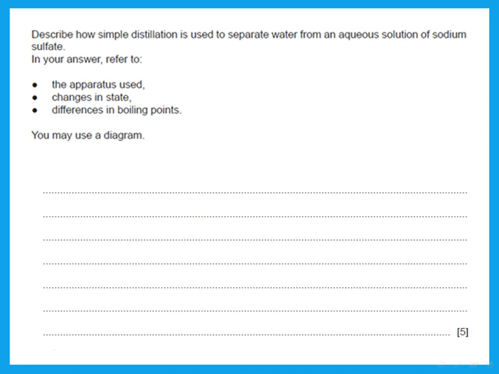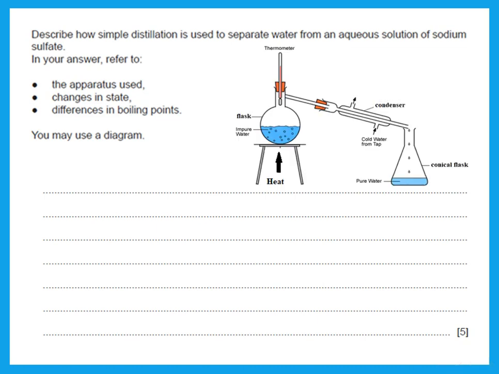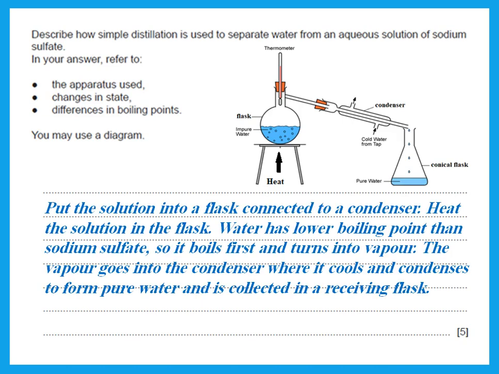So here he's saying, describe how simple distillation is used to separate water from an aqueous solution of sodium sulfate. So he has a solution, he wants the water. In your answer, refer to the apparatus used, changes in state, differences in boiling point. So this, of course, is simple distillation. So you should be able to draw that. And then how do we explain it?